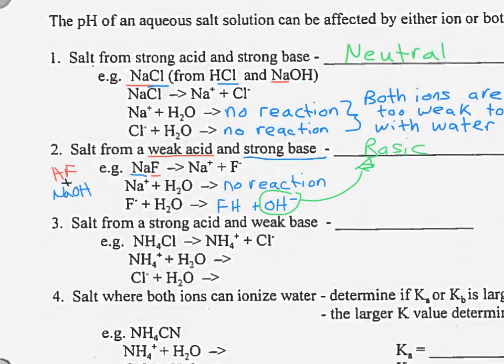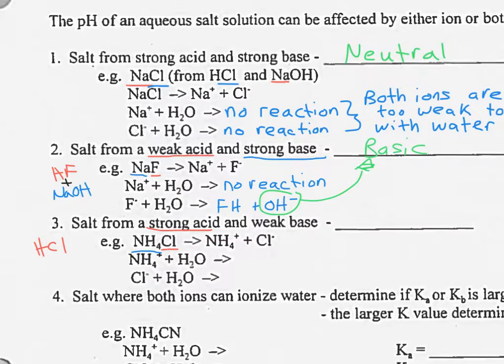For our next example, we're looking at a salt from a strong acid and a weak base. Our strong acid is giving us the chlorine, which means we have hydrochloric acid, and our weak base is giving us the NH4.